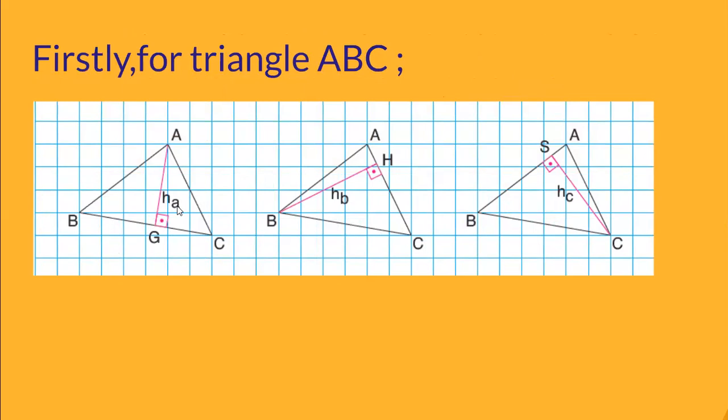HA is height of BC, HB is height of AC, HC is height of AB. Can you see? Okay, we can say that there is not just one height. There are heights for each side.